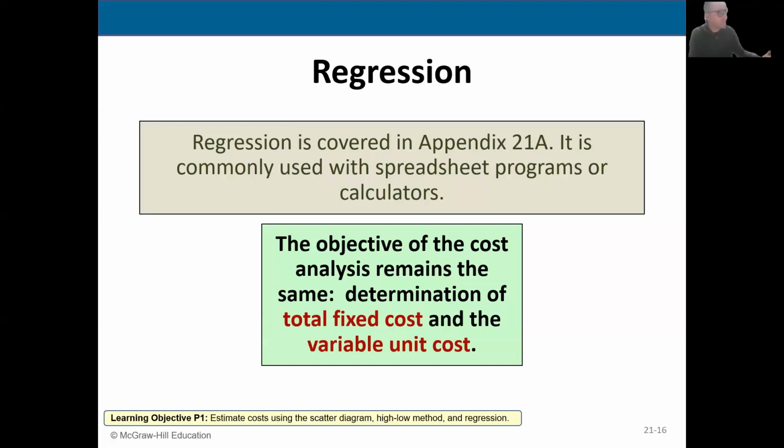It helps you to graph the best fit line for the cost data. It should be pretty similar to graphing the scatter plot, you see. The idea here is that we are determining total fixed cost and total variable cost per unit using that data. So we're not going to go any deeper than that on regression analysis. I just wanted you to understand what it is and how it works.